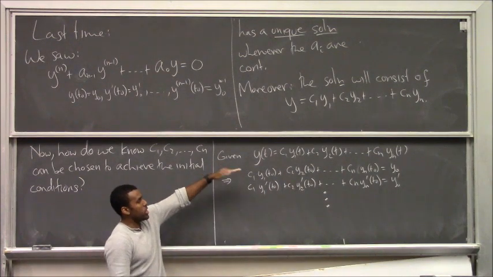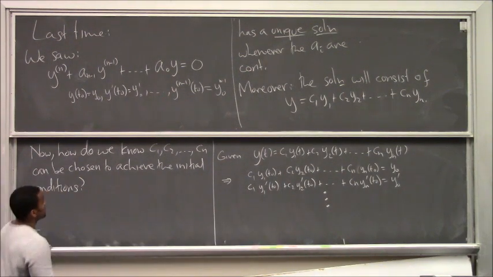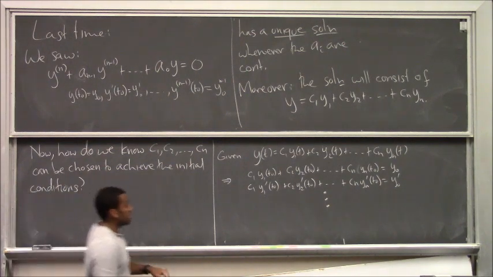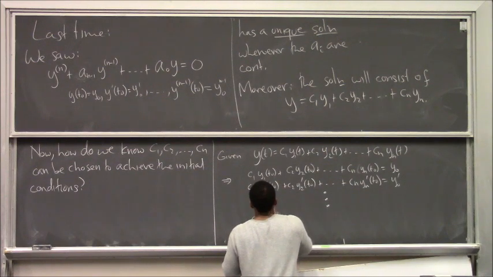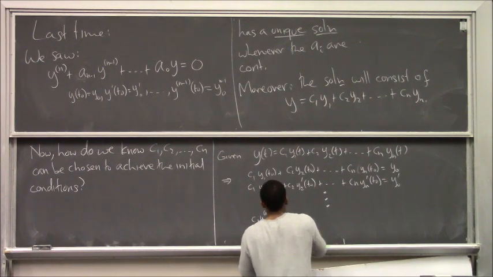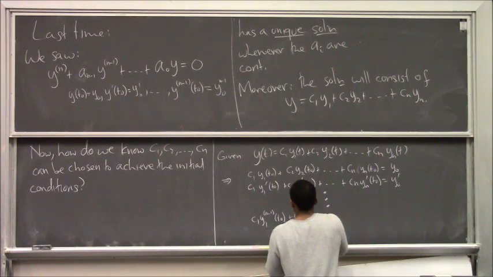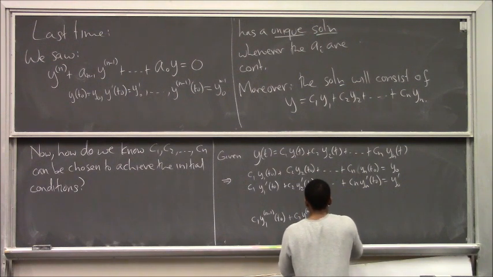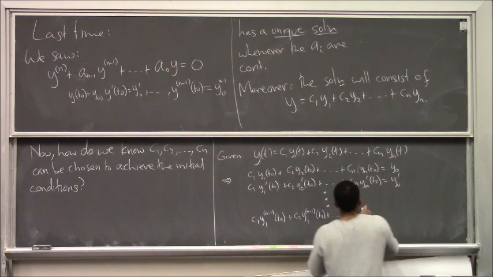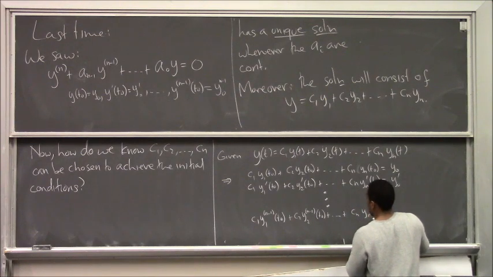By differentiating that equation n minus 1 times, we can actually get a system of equations: C1 y1 to the n minus 1th derivative plus C2 y2 to the n minus 1st derivative plus and so on, equals y0 to the n minus 1.